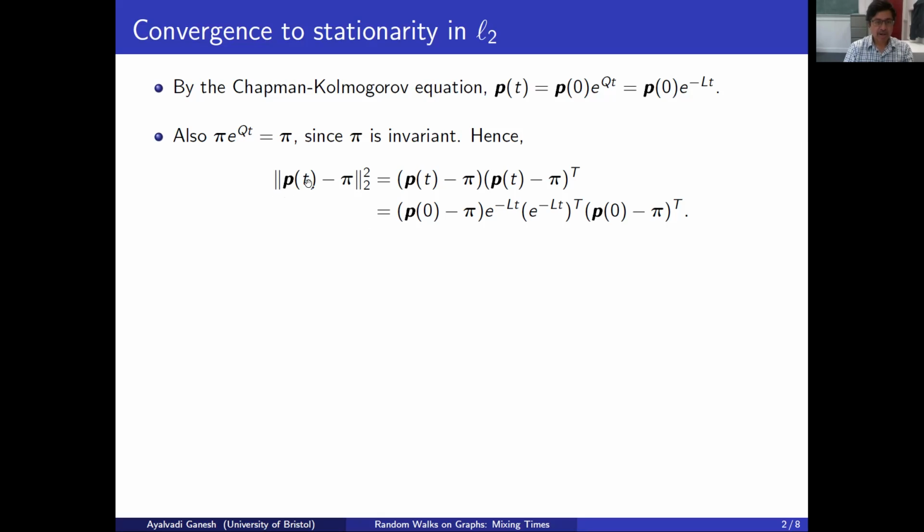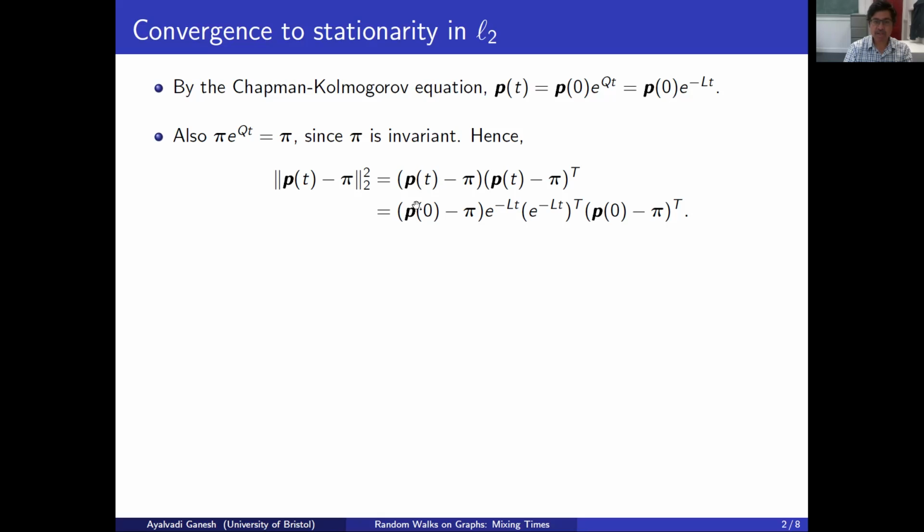Okay, so we can write the squared Euclidean norm of P(t) minus pi as the dot product of the vector P(t) minus pi with itself. So it's this row vector times the column vector obtained by transposing it. That gives us a scalar. And P(t) was P(0) e to the minus Lt. Pi was pi e to the minus Lt.